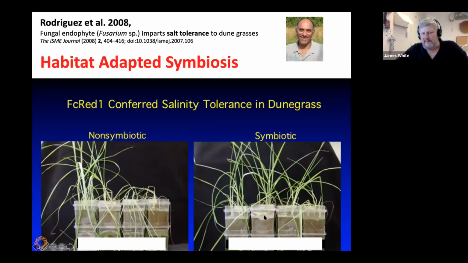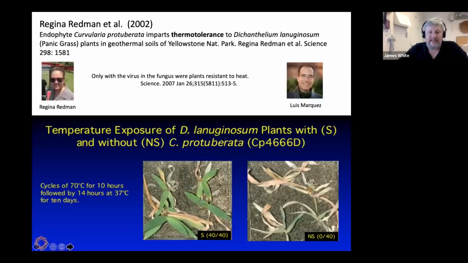These outer three are the salt ones, and then they compared that to non-symbiotic, without the endophyte, and you can see that these three salt ones are not doing very well without that endophyte. And we think that is an oxidative protection effect, because salt is an oxidative stressor.